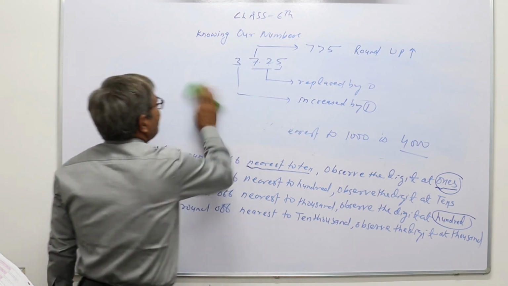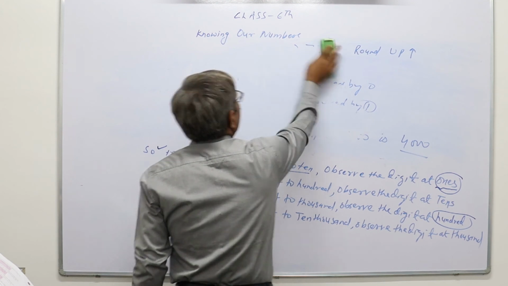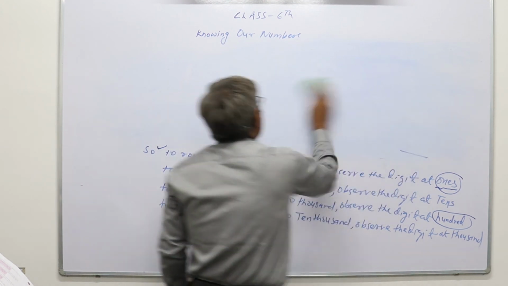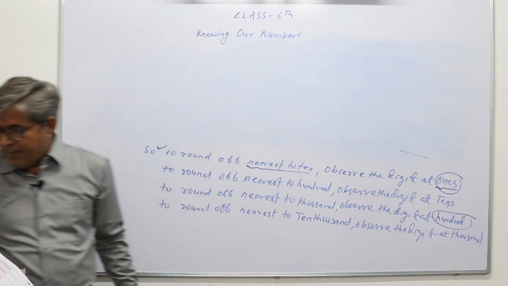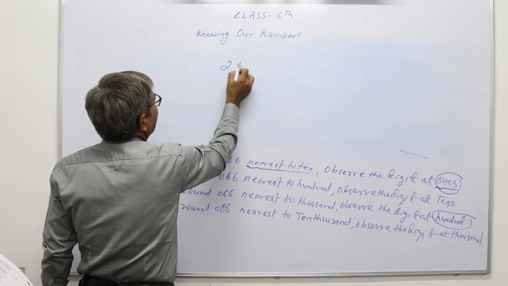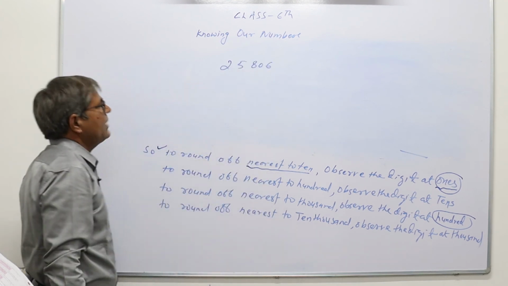Similarly, we are taking one more example to round off a given number nearest to 1000. Convert the number 25,806 nearest to 1000.